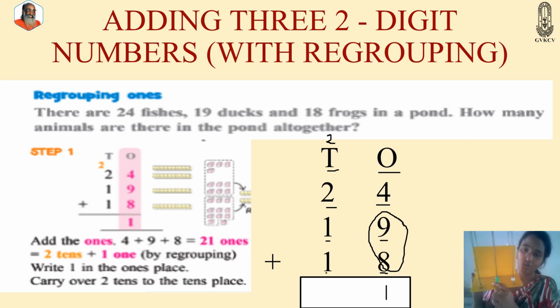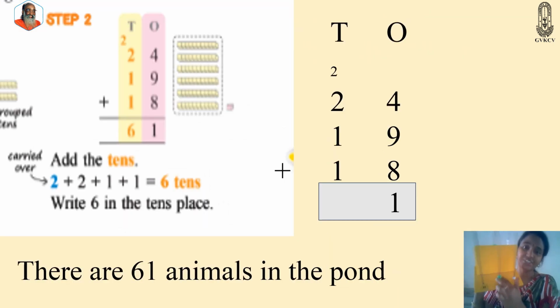Now in tens, how many are there? 2 are there already. Okay? This is the carried over 2 beads to tens. Now these 2 beads are carried over beads, right? To this, how many should I add? 1 and 2. After that, one more bead, and after that one more bead.